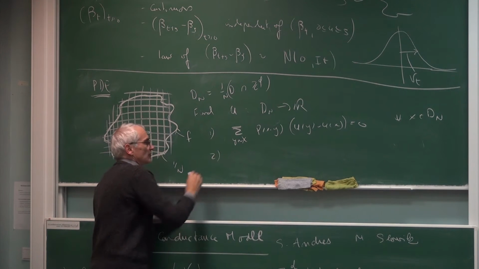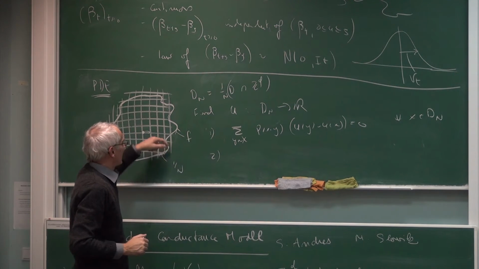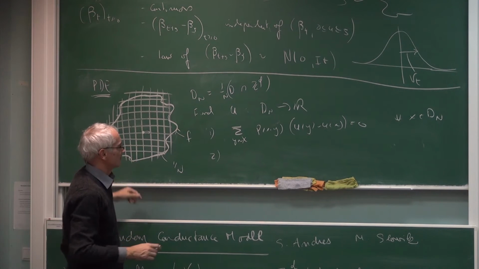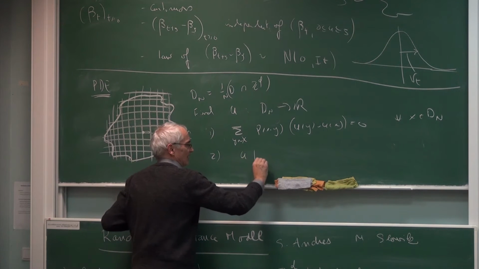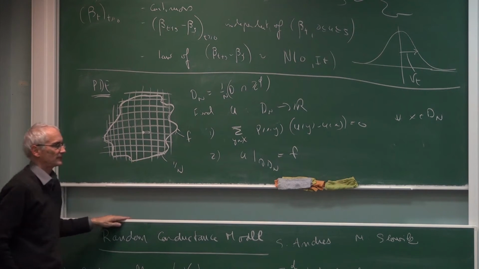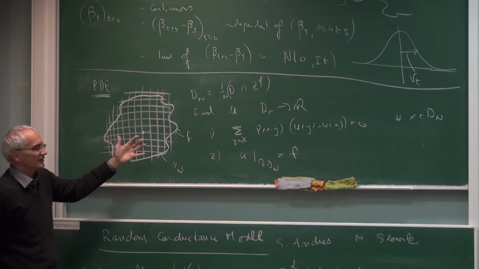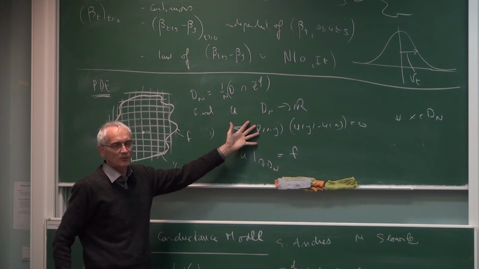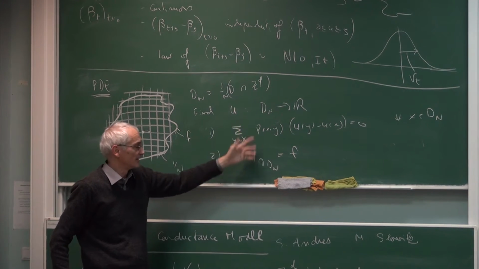Second, you would like that u at the boundary of this object takes some value f. So think of this as being the Laplacian, for instance. That's why we call it harmonic.